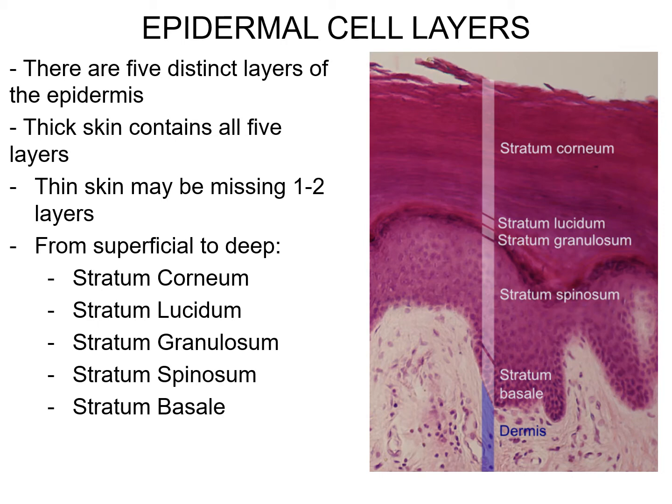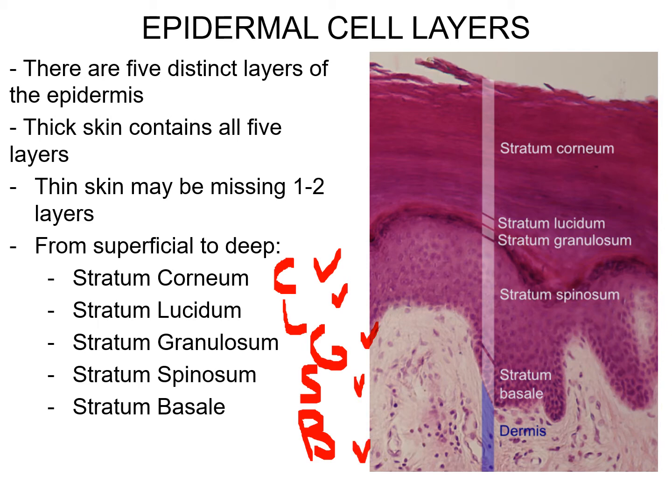All we have to do is take the first letter of each layer and make up some type of rhyme or saying, and it'll help you remember it. So the one that I was always taught was, come, let's get some bacon. And if you remember, come, let's get some bacon, yes, it's silly, but you know the order. It goes CLGSB: corneum, lucidum, granulosum, spinosum, basale.